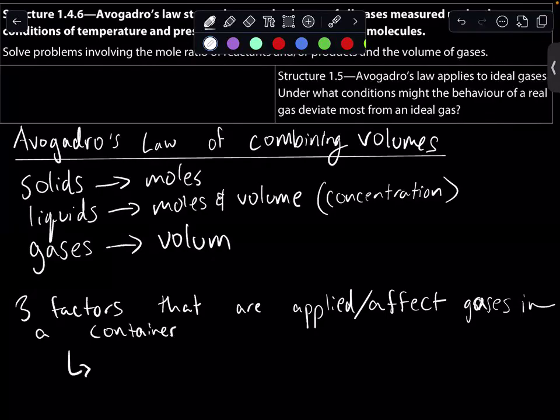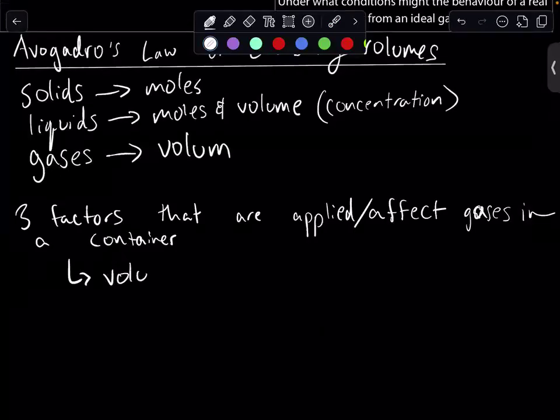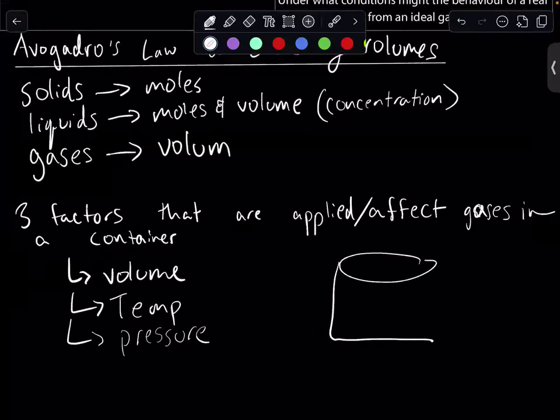Those are specifically the volume, the temperature, and the pressure. So those will change how gases specifically work when you put them in a container.